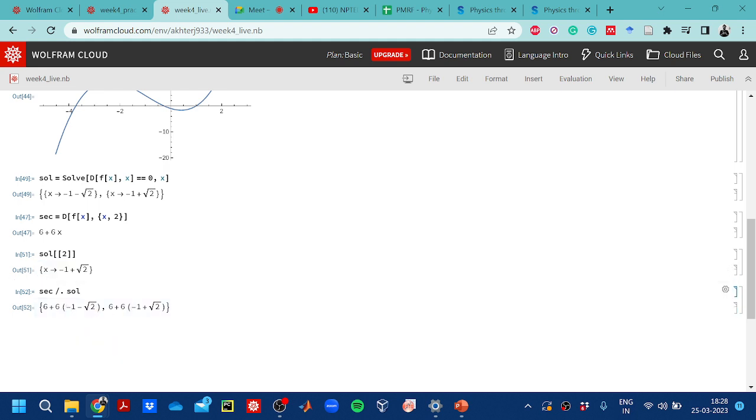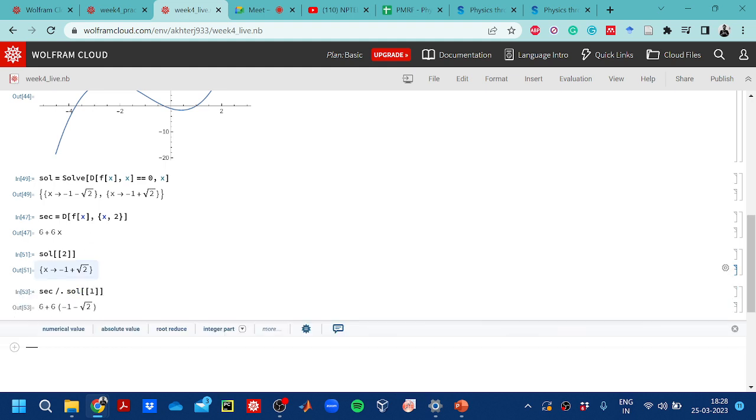Let us check only the first point first. This is the value of this function for this x value. And if we want to check the value for the other x value, we can write 2 here. Yeah, so this is for the second one.